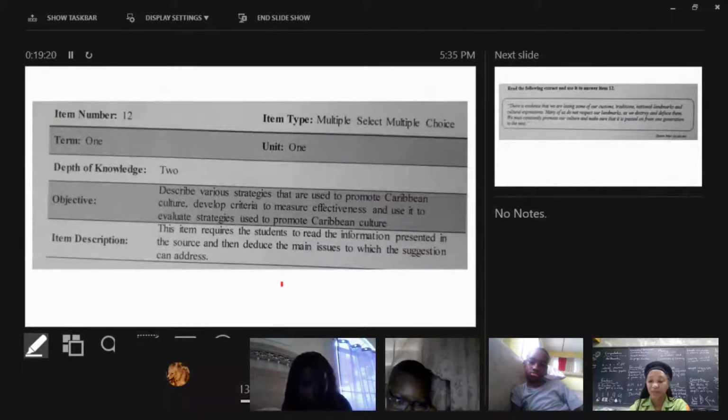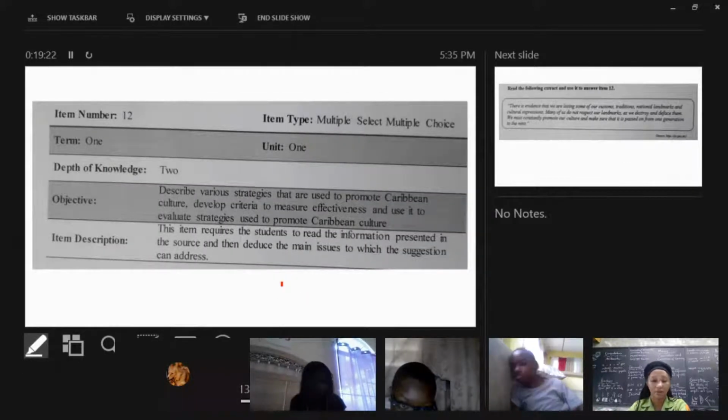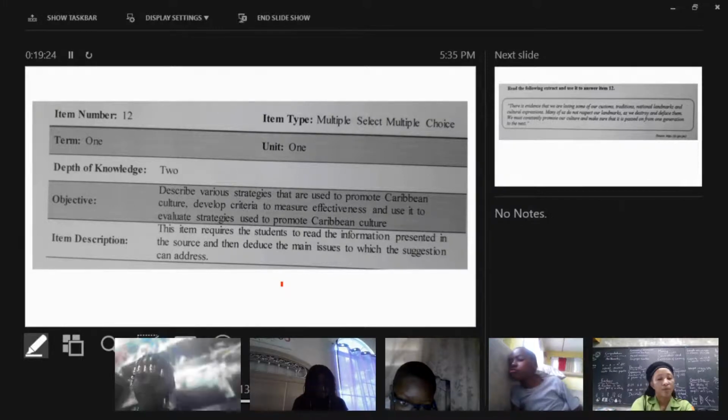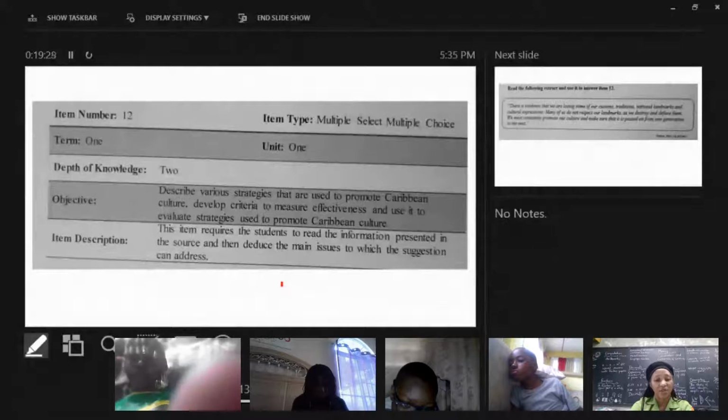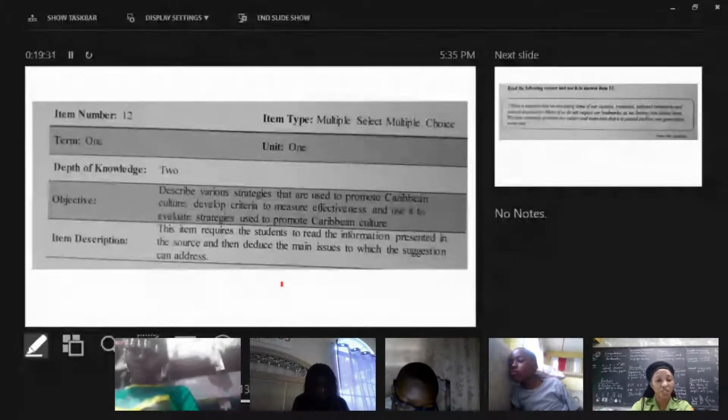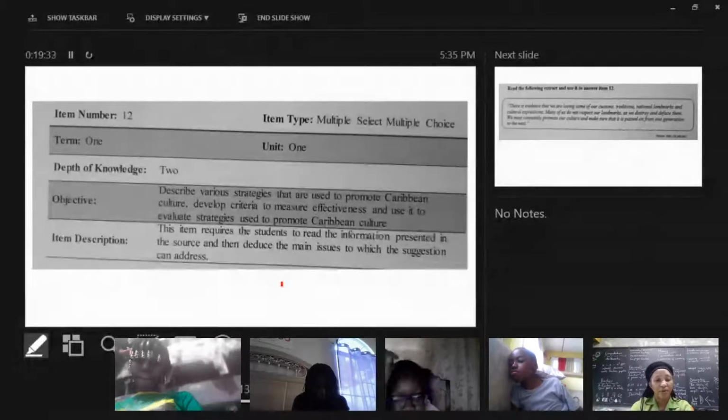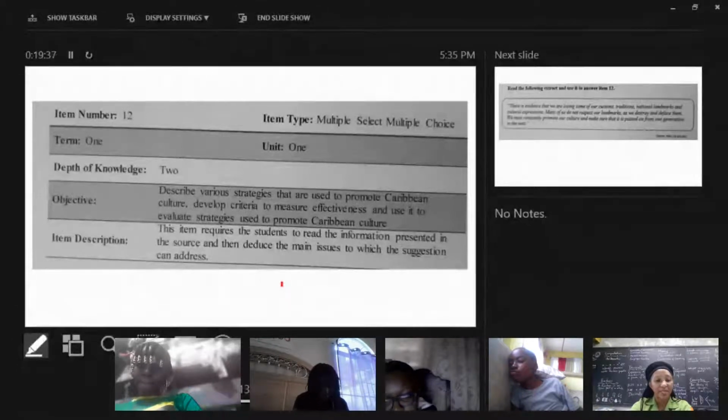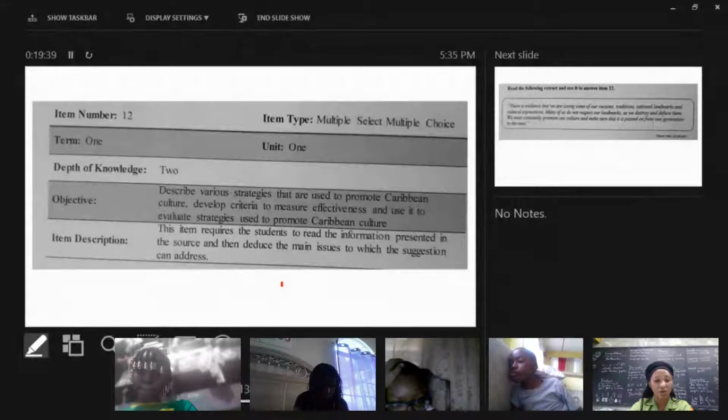For item 12, our objective is to describe various strategies that are used to promote Caribbean culture, develop criteria to measure effectiveness, and use it to evaluate strategies used to promote Caribbean culture.